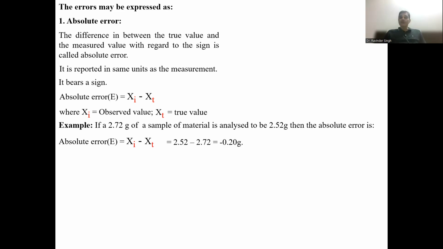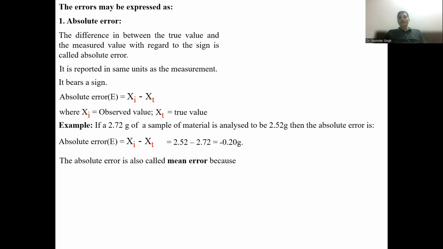The observed value is 2.52 and the true value is 2.72. Means we were given a sample of 2.72 gram, but when we analyzed and measured it, our result is 2.52. So now what is the error? Minus 0.20 gram. That is the negative error.